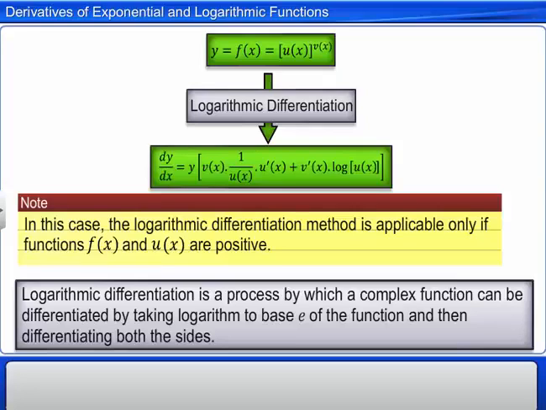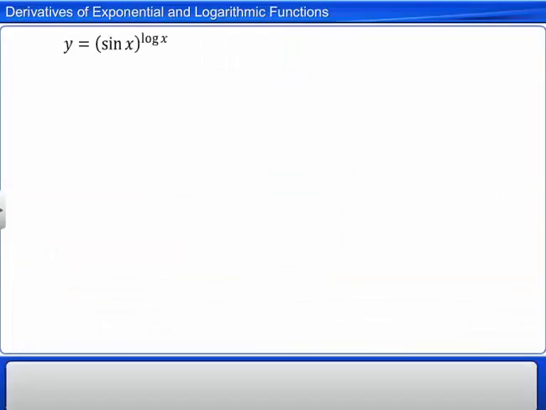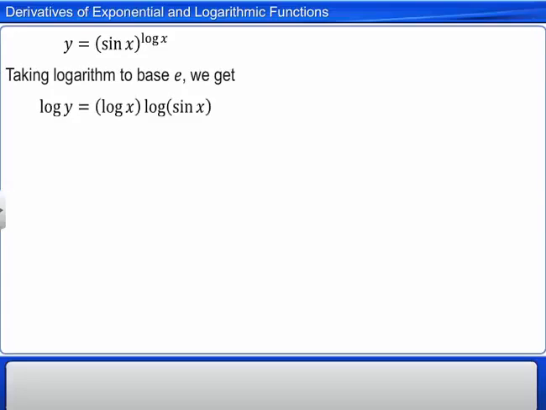Let's apply logarithmic differentiation to find the derivative of y is equal to sin x whole raised to the power log x. First, take logarithm to base e on both the sides. This gives log y is equal to log x into log of sin x.